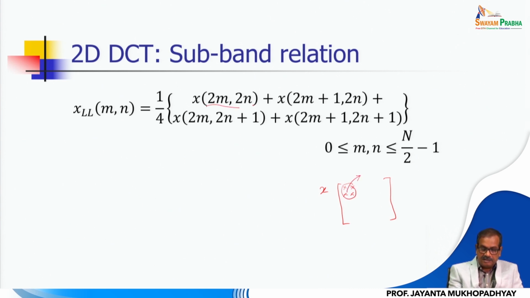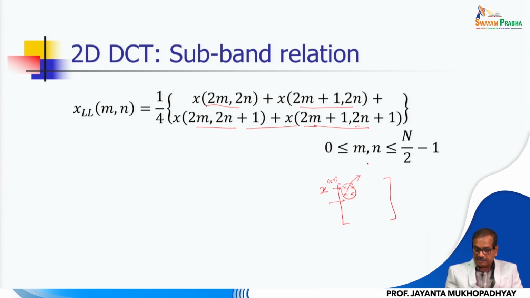So 2m, 2n are 4 adjacent pixels. I have used the even index because, suppose this is the 0th location, the next location would be 2m plus 2 and 2n plus 2. So each index increases by 2. That is how the indexing is considered.